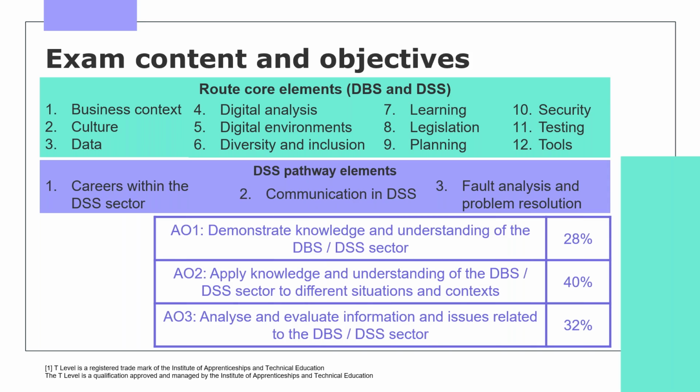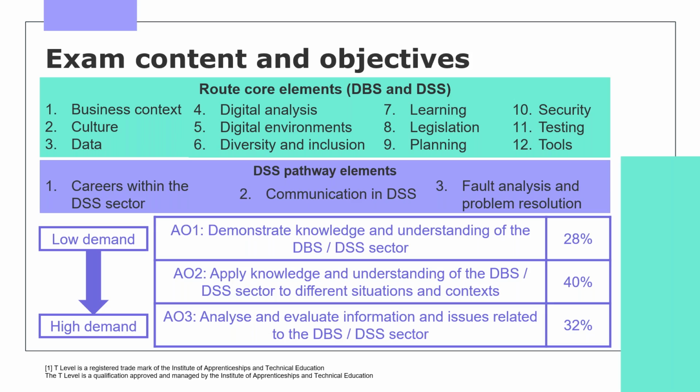But regardless of the pathway, the exam papers are designed to assess the following 3 objectives, which have varying levels of demand, with the lowest demand being AO1, assessing the student's ability to recall the relevant knowledge to address the questions, making up 28% of the exam paper. 40% is from AO2 and their ability to apply their knowledge to the situations, scenarios, and information presented in the question.